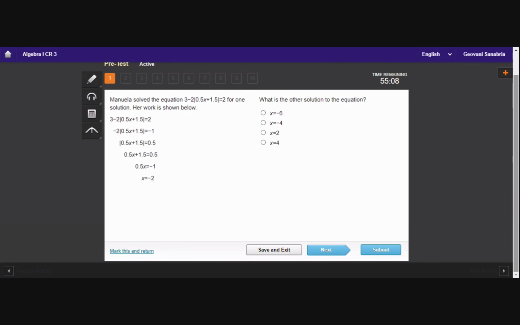Okay, let's do 2 now. 0.5 times 2 equals 1, plus 1.5 equals 2.5. That's the absolute value. It stays. Now I'm going to do a times 2 equals 5.